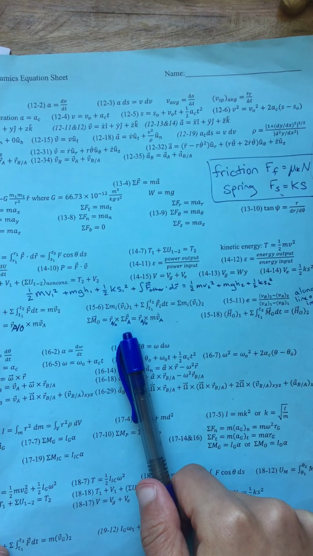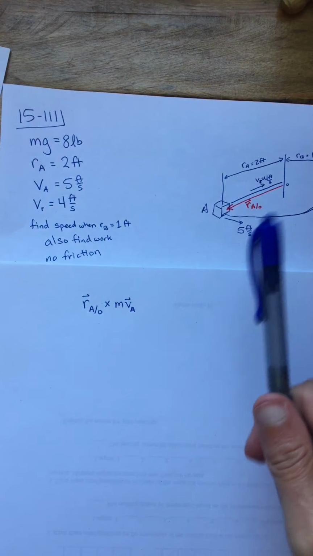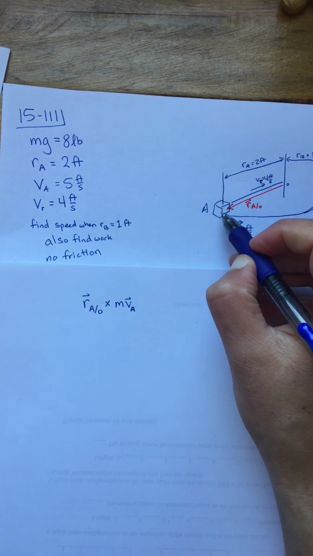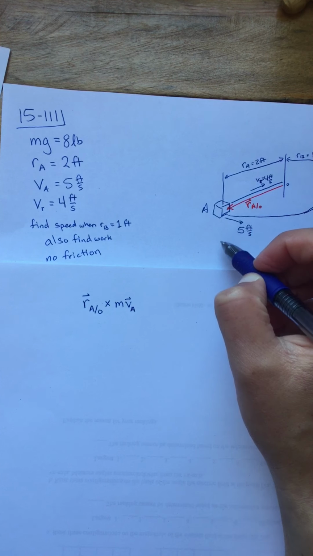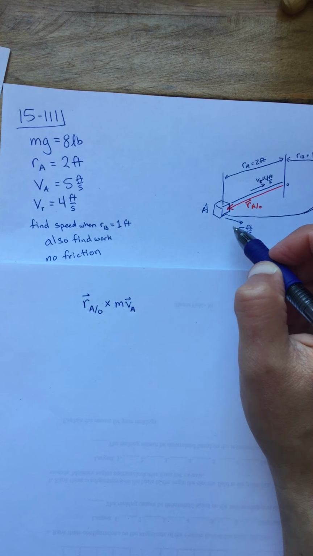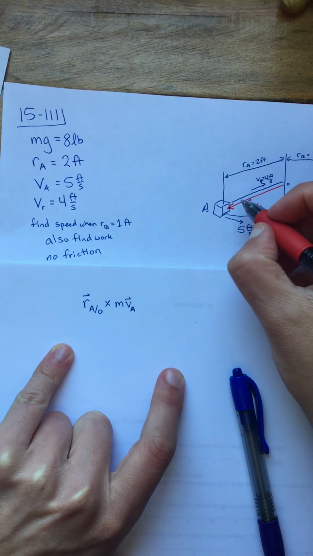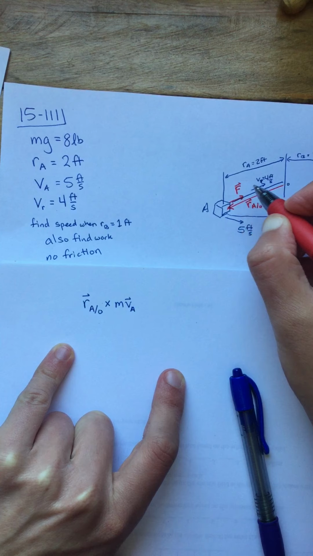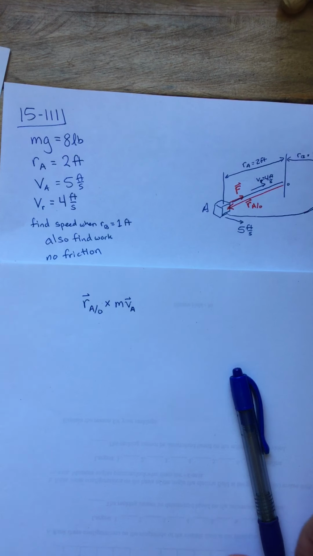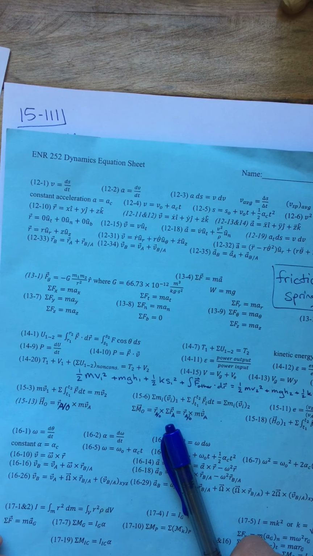To find that, I have to find the net force acting on the object. I have a normal force, which is pointing upward, and a force of gravity, which is pointing downward. The net force in the vertical direction is equal to 0 because those forces balance. I also have a force which the cord exerts on the block, which is pointing inward, like this. But if I do R crossed with that force, I get 0.